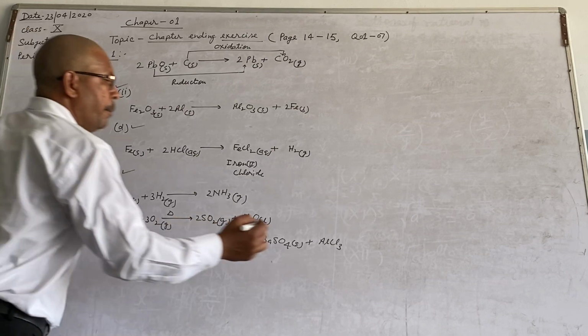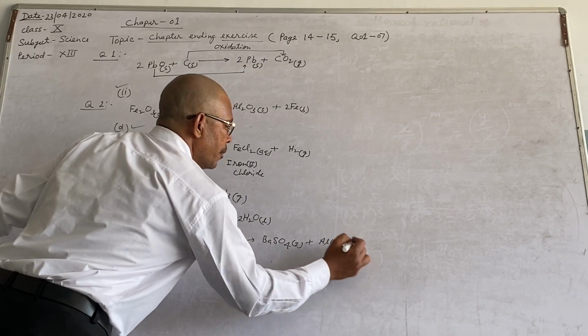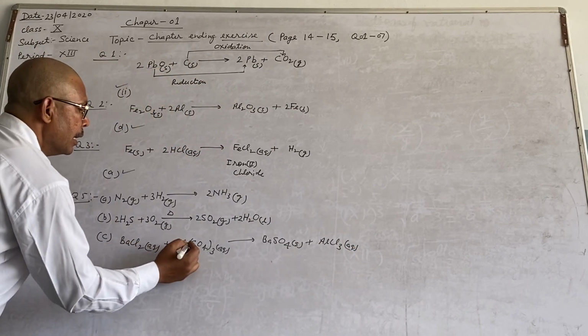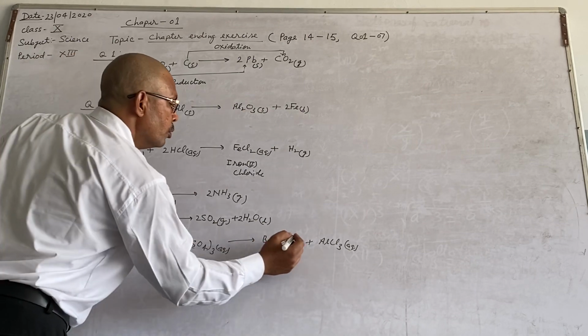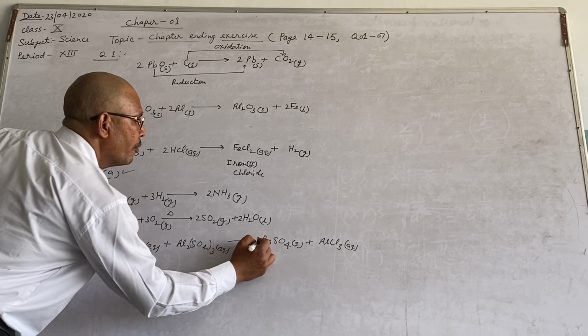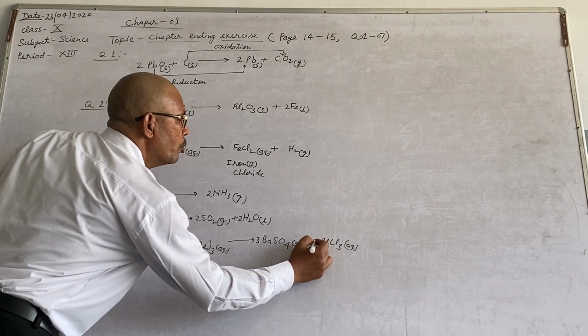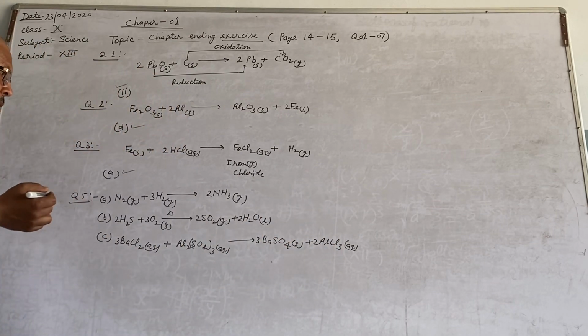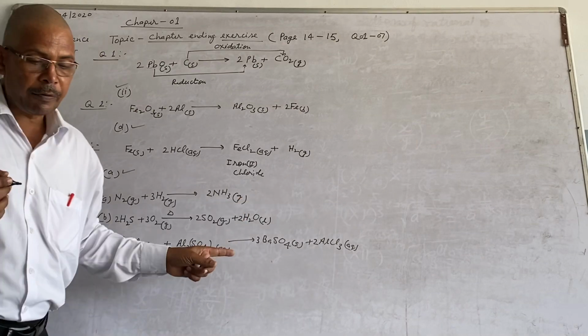Now balance them. BaSO4 and 2AlCl3. This is the balanced chemical equation.